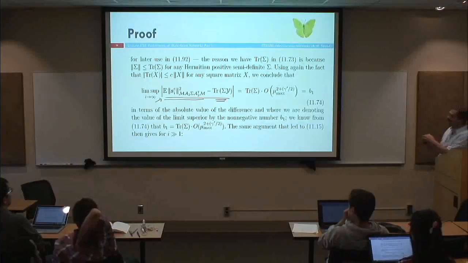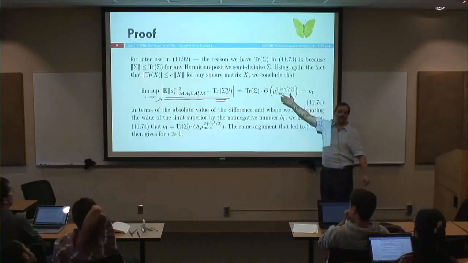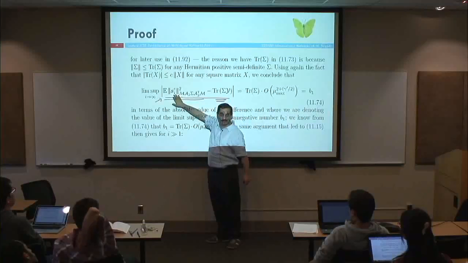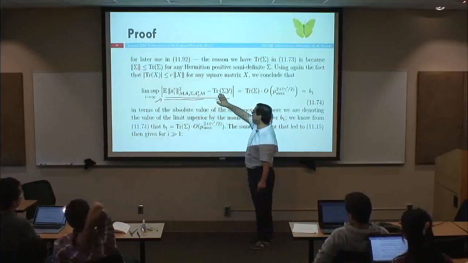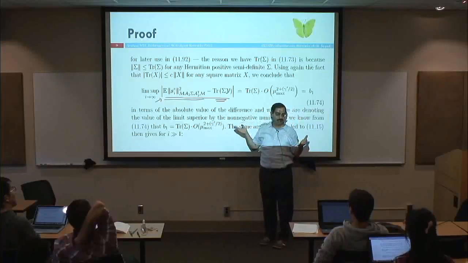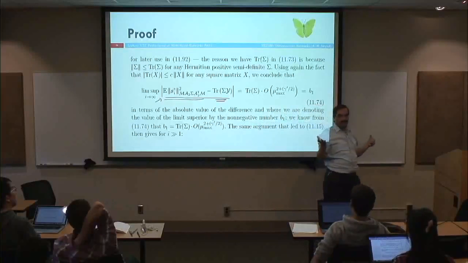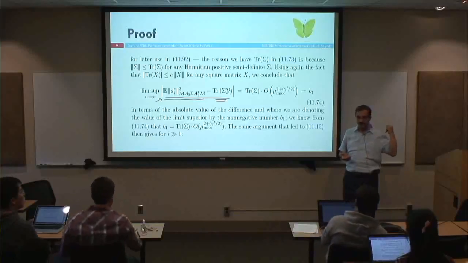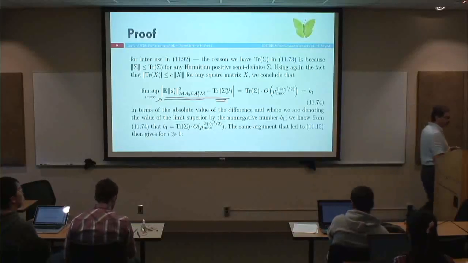So what's the conclusion here? The conclusion is that the quantity I want, I showed that it is trace of sigma Y, like I stated, plus a correction term. Of course, the algebra is needed just to make the argument precise, but the intuition you already had, correct? So that's it.